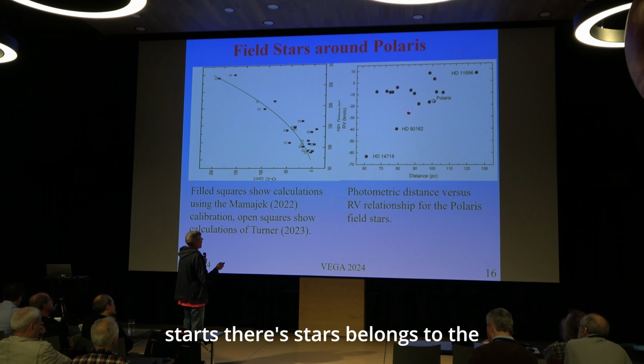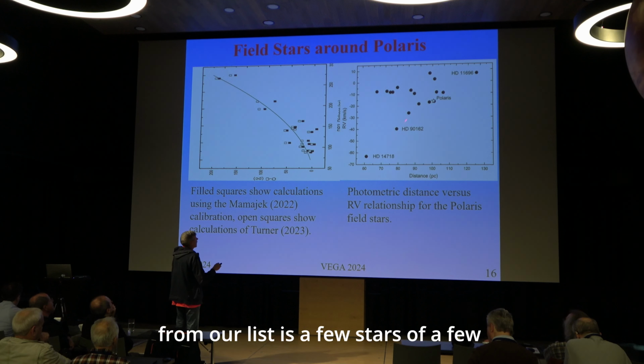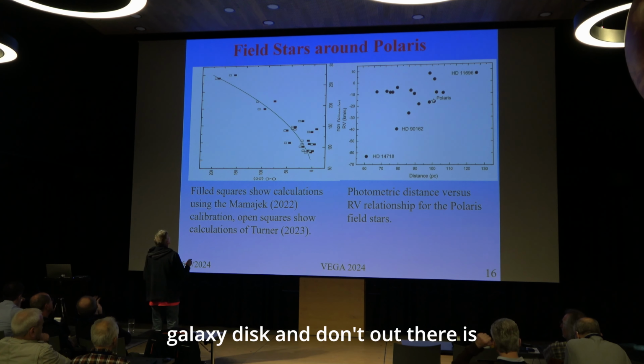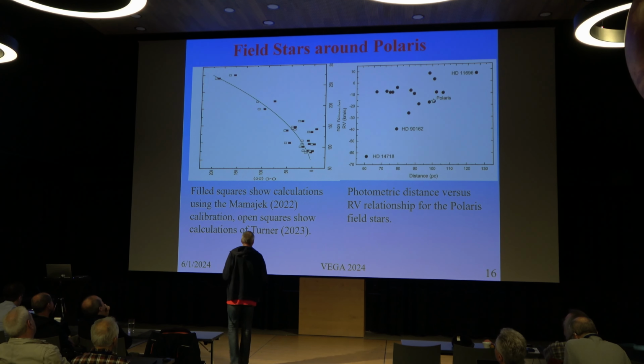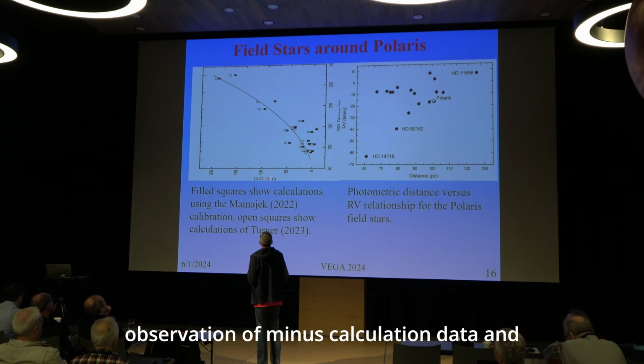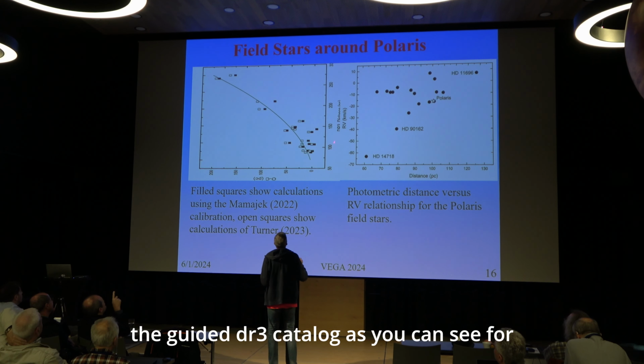These stars belong to the Polaris open clusters, and 2 stars from our list are stars of the thick galactic disk. It turned out there is observational minus calculation data, and there are distances from the Gaia DR3 catalog.